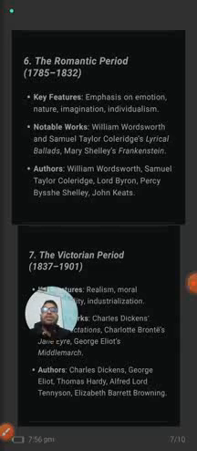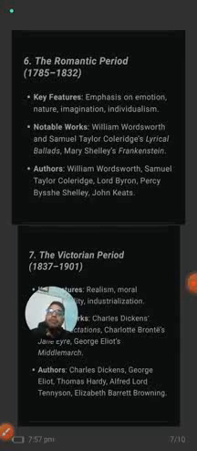Individualism means a particular person and their own feelings. So emotion, nature, imagination, individualism are the most important features of the Romantic age in the history of English literature.